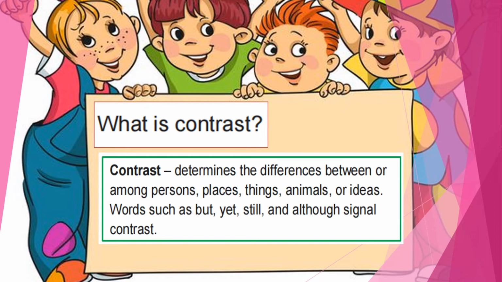Words such as but, yet, still, and although signal contrast. Okay, remember those words. But, yet, still, and although are words that can be used in giving contrast to places, persons, things, animals, or ideas. Okay, let's proceed now.